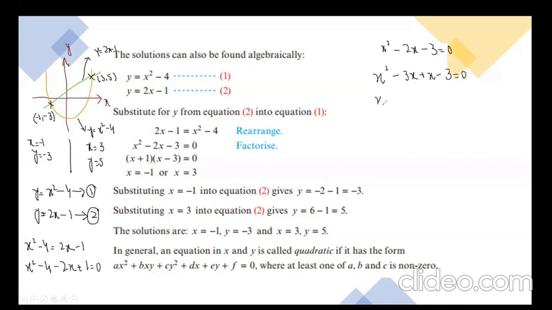So x into x minus 3 plus 1 into x minus 3. So x minus 3 and x plus 1 are the factors of this equation. This shows that x equals 3 and the second is x equals minus 1.